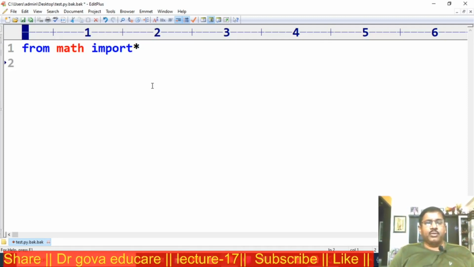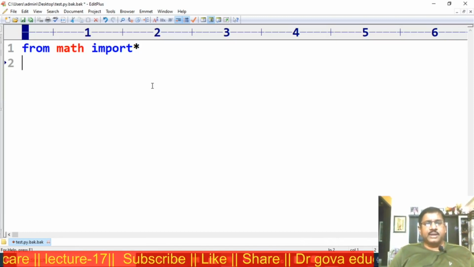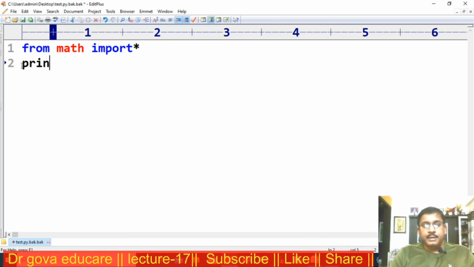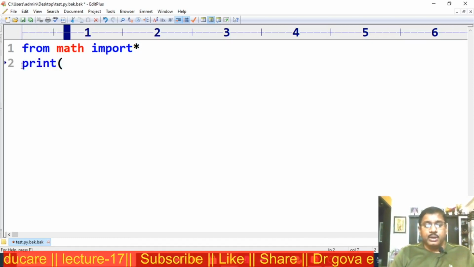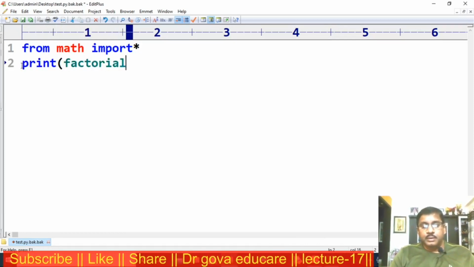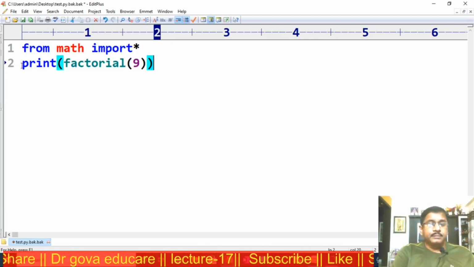Now here we are not using the math module name. Directly we can access all mathematical functions. Print factorial of 9.